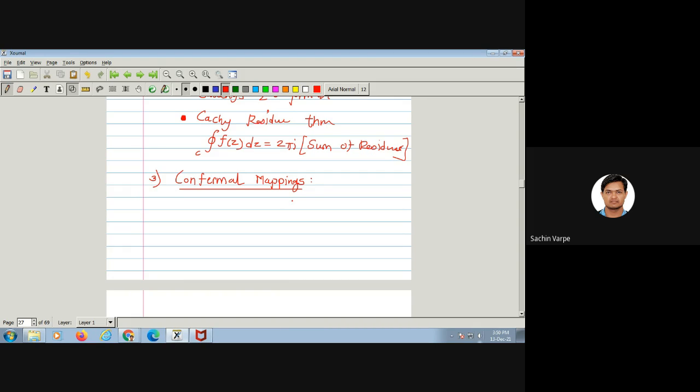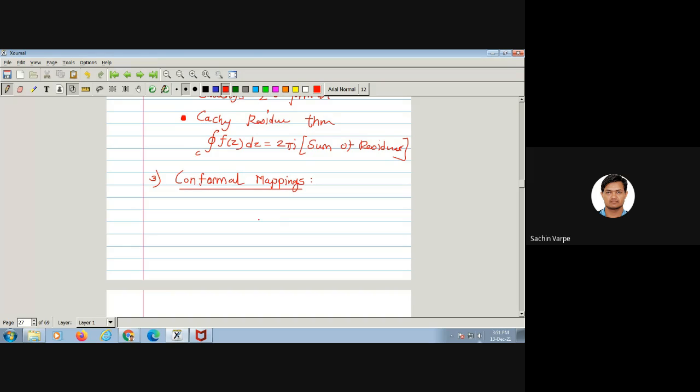We have extended the notion of bilinear transformation by the cross ratio property. We have seen that bilinear transformation maps circles onto circles, and even some standard transformations like w equal to z square or w equal to e to the power z. Few more standard transformations are there, which give standard mappings and preserve the angle.